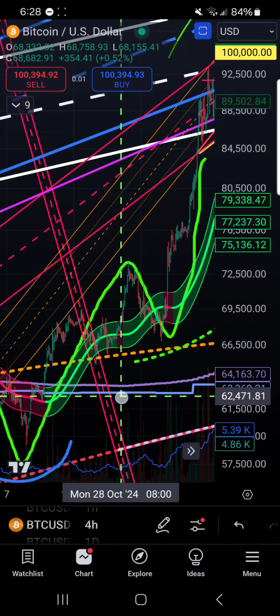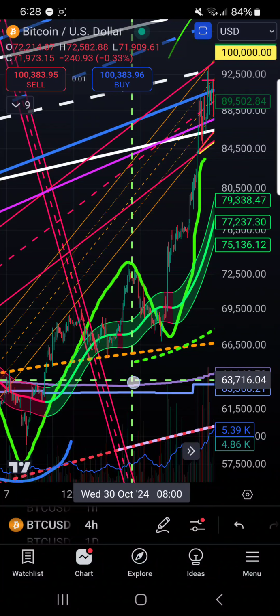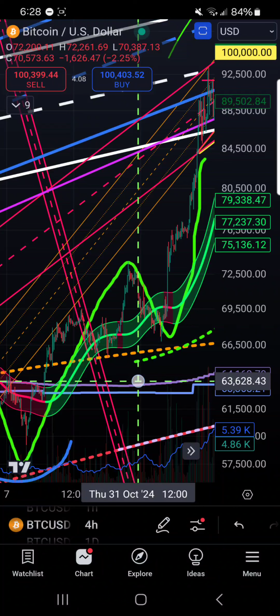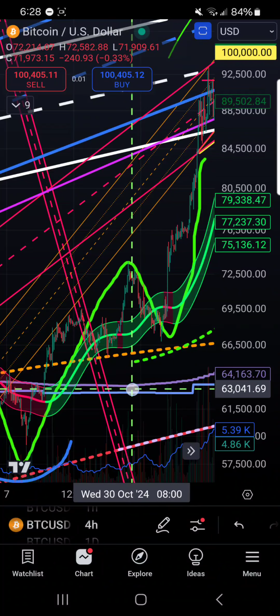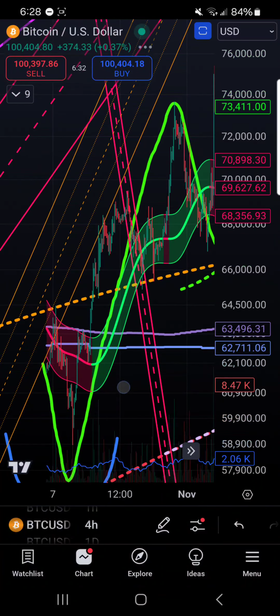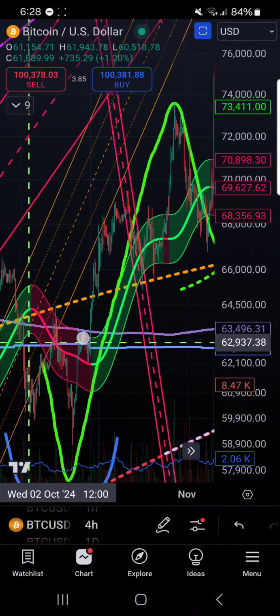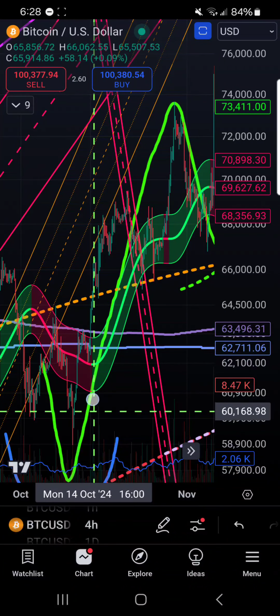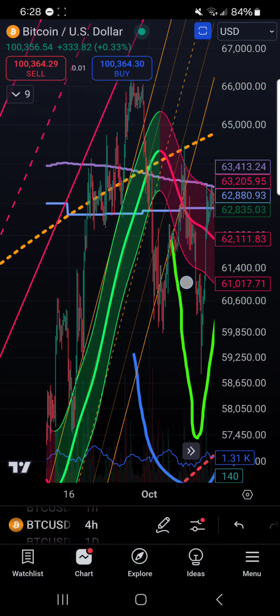Well, I guess you could argue that it started well before it turned red from the bottom of the channel, which is interesting that the channel then turned red after we started shooting upwards through it. But also, well, we consolidated in the red portion of this for quite a while, so that's not the same thing there.